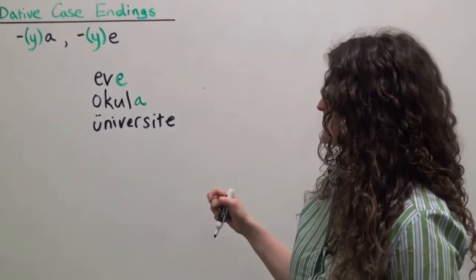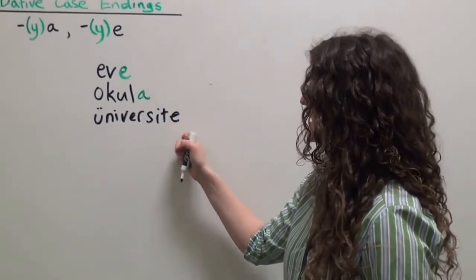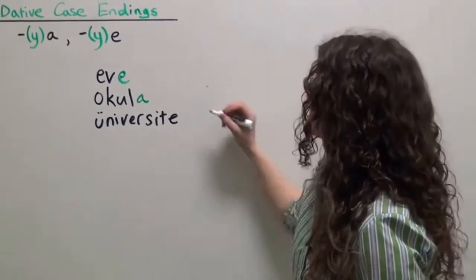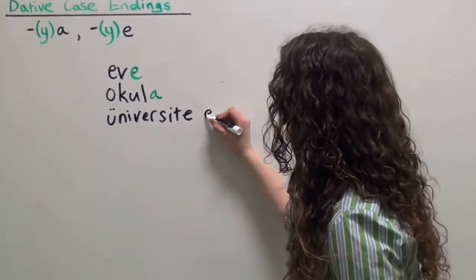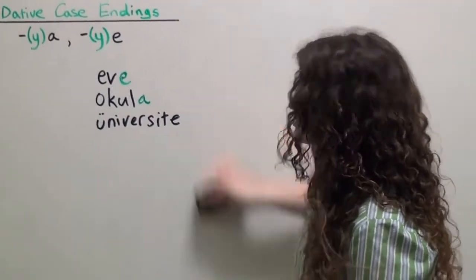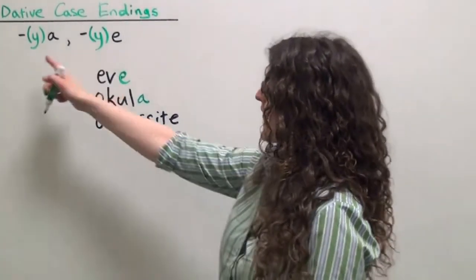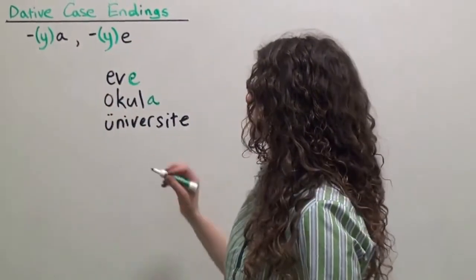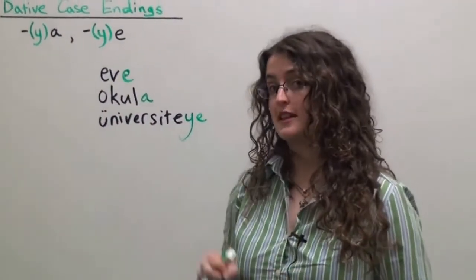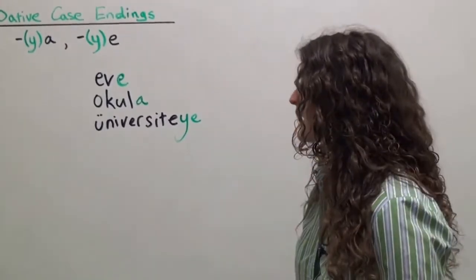Vowel harmony tells us that for üniversite, we're going to choose the e version of the dative case ending, so üniversite-e. But because Turkish does not like to see those two vowels next to each other, we're going to add a buffer y: üniversiteye, to the university or towards the university.